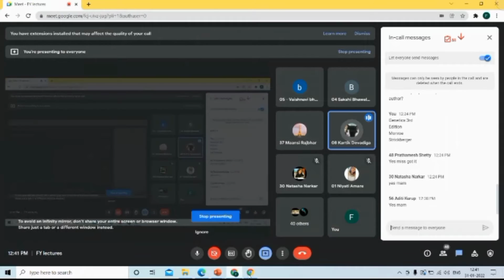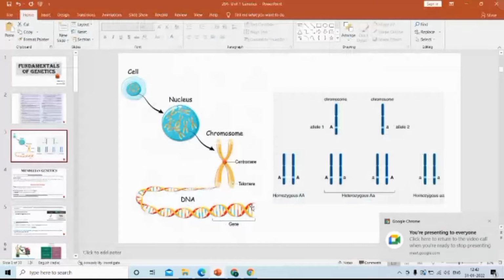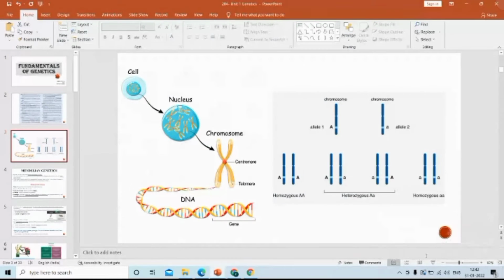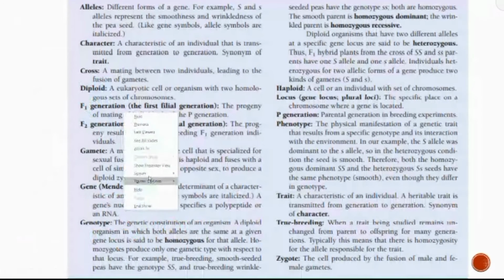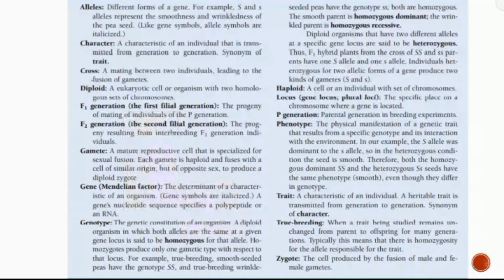Ma'am, what is the difference between trait and character? You can consider them to be similar. They are synonyms for each other. See over here, the synonyms of that. So trait, character, and allele mean almost the same.